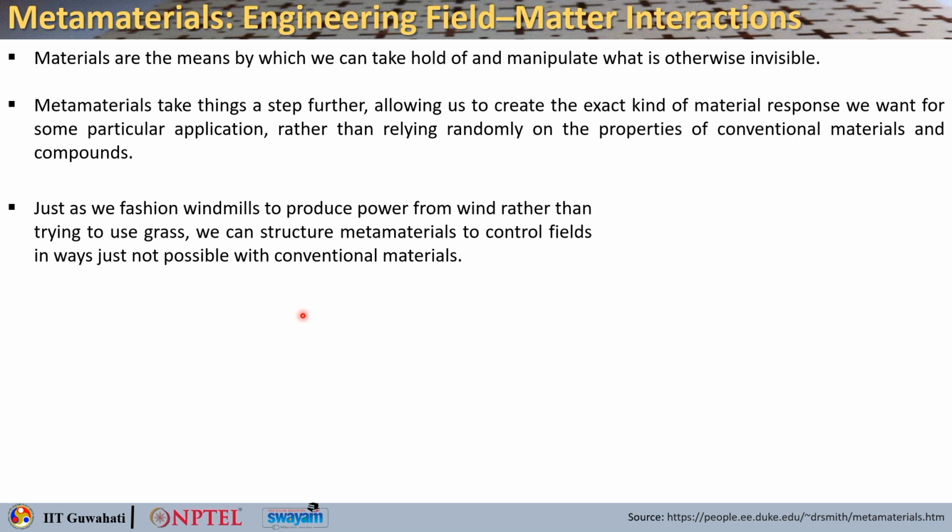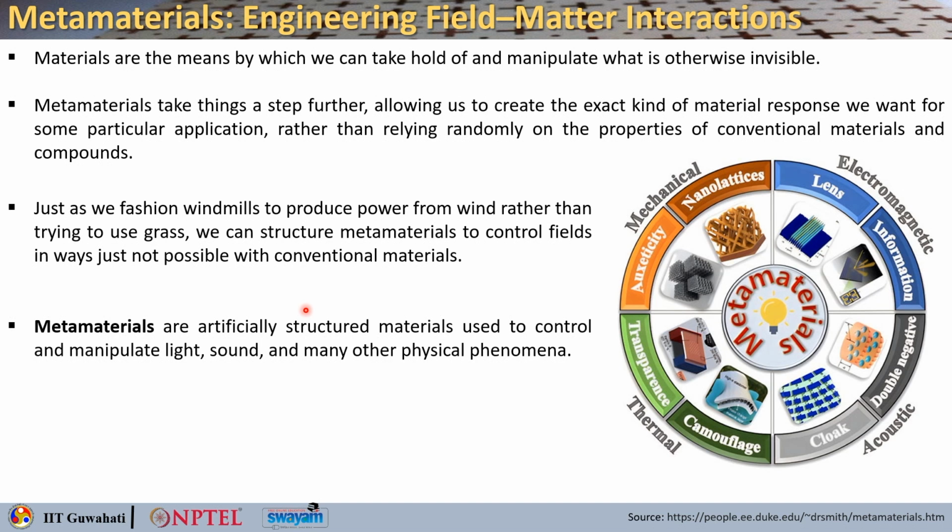Just as we could fashion windmills to produce power from wind rather than trying to use the grass, we can also structure metamaterials to control fields in ways just not possible with conventional materials.